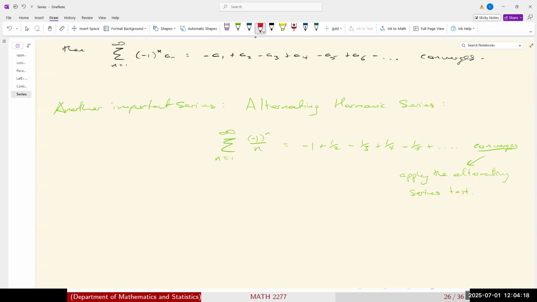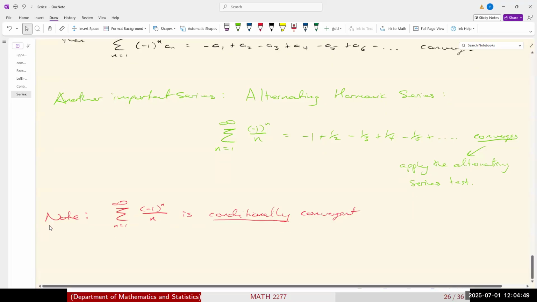However, I'll put here a note: this series, the alternating harmonic series, is conditionally convergent. Conditionally convergent means the series converges, but when you take the absolute value of the terms, that series diverges.